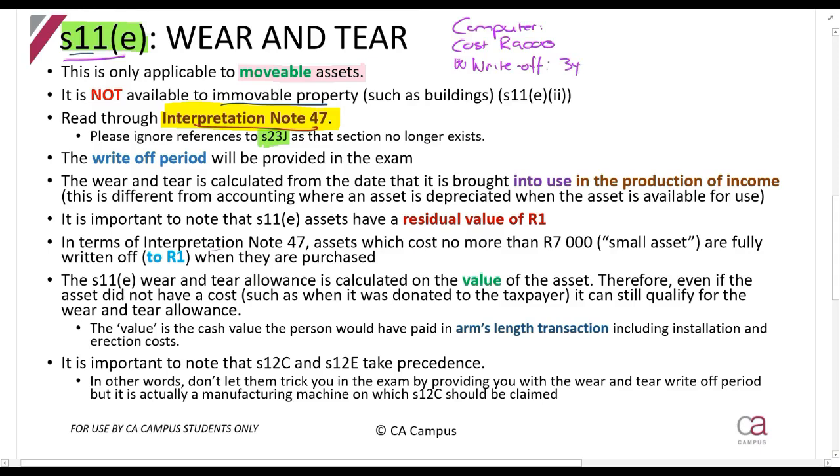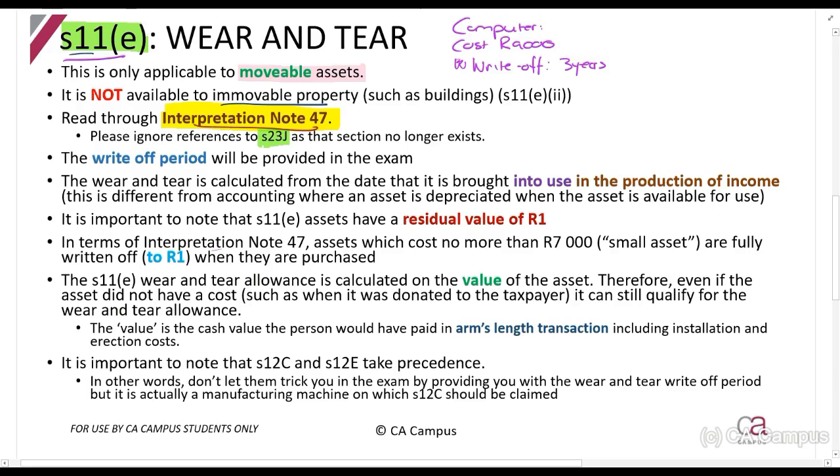So let's say they say the write-off period is 3 years. It's the useful life of the computer. So the same way that in accounting you have a useful life, SARS also has a useful life for some of its assets. Basically, in a nutshell, they will tell you what the write-off is, but in reality SARS has issued a list and they'll say computers have a useful life of 3 years.